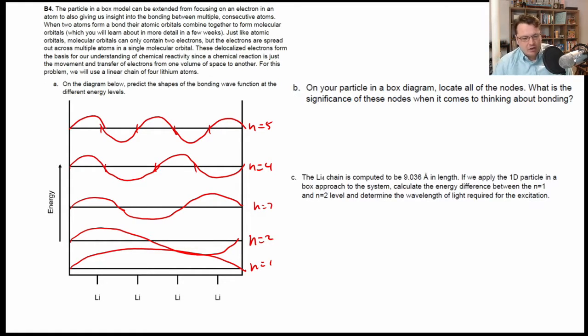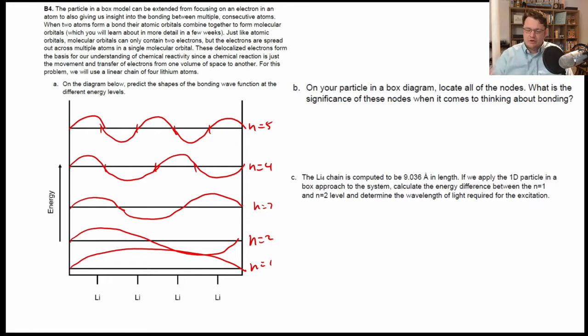And that's, I think, also a hard concept for a lot of people to wrap their heads around when it comes to thinking about bonding, because we're so used to looking at Lewis structures where we say, oh, oxygen and hydrogen in water, this oxygen, this hydrogen, they're sharing these 2 electrons, and this oxygen, this hydrogen, they're sharing 2 electrons. But in reality, it's not like that perfect. They're actually distributed across all of these different regions.